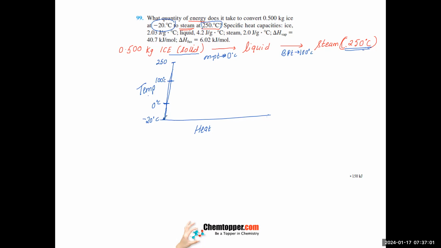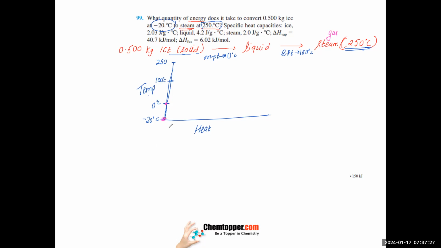Now let's start making the graph. So start from minus 20. Minus 20 to 0, what is the state of matter? This is solid, liquid, steam. Steam means gas. State of matter means is it solid, liquid or gas?